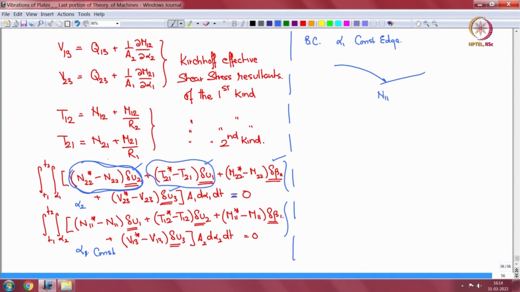In order for this term to be 0, the N11 from within the material should be equal to N11 star, what is applied exterior to the structure, or delta U1 is 0, that means U1 is specified.